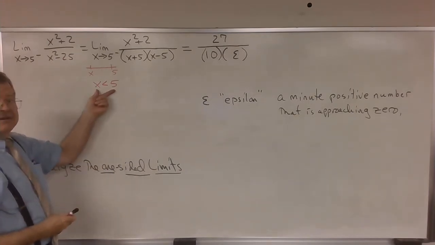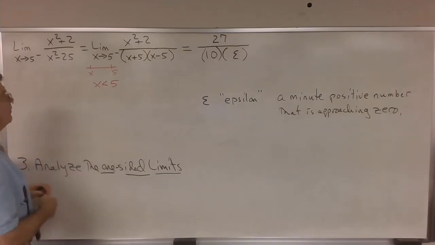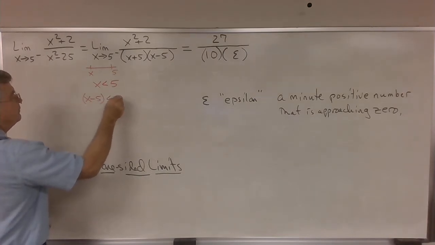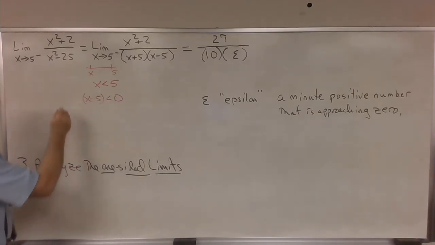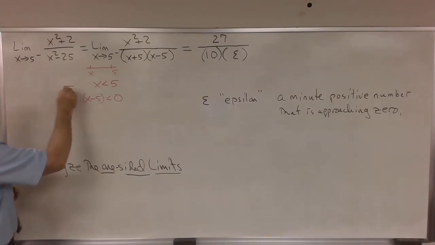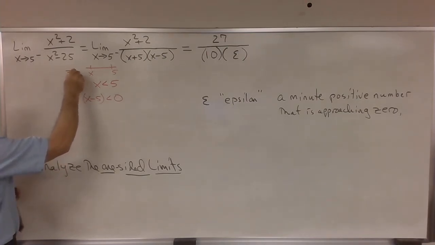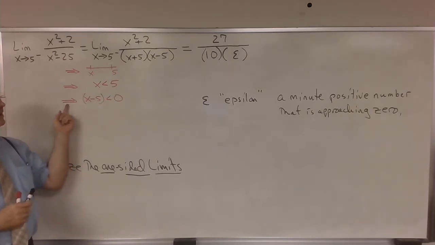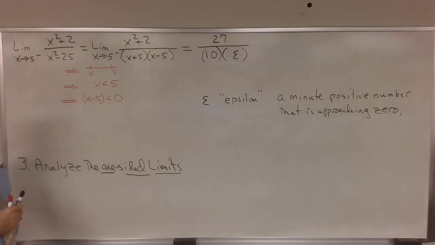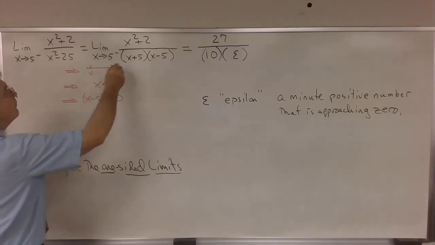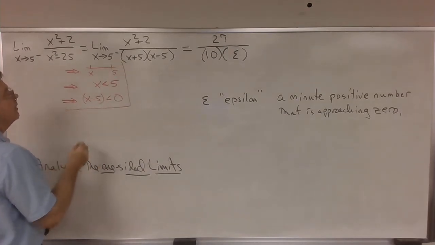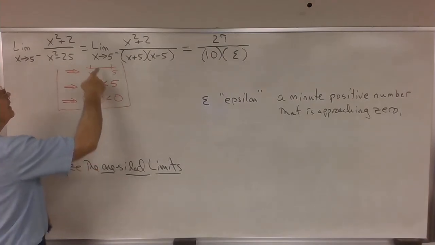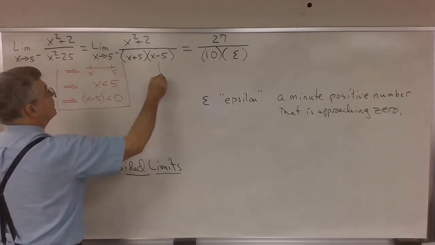Can't I just subtract 5 from both sides, and then the left side will be x minus 5? And I'll explain the significance of this arrow in a second. Well, this says that x minus 5 is negative as x approaches 5 from the left.